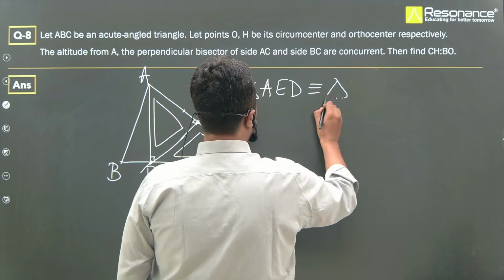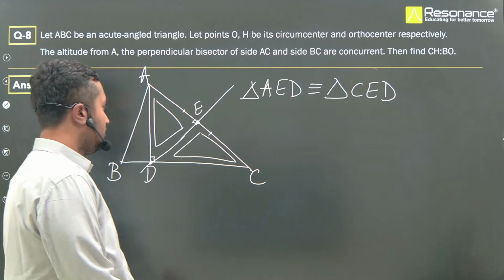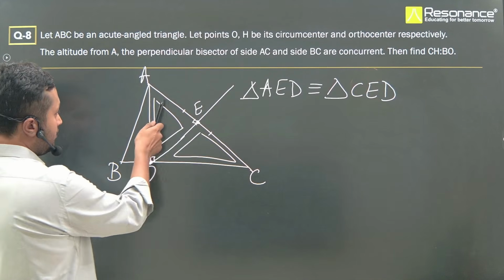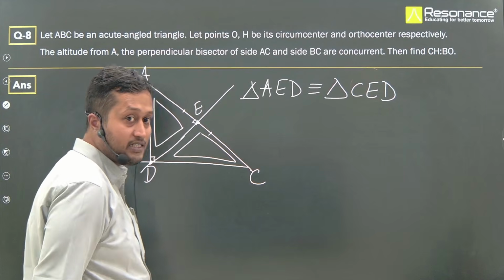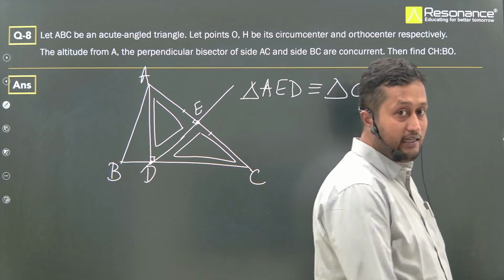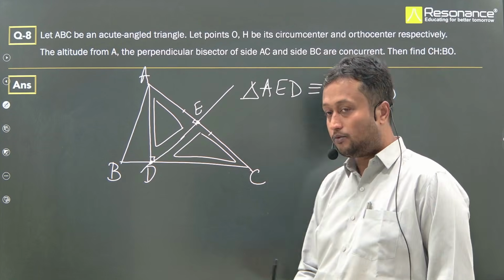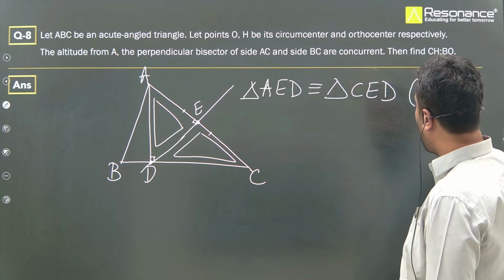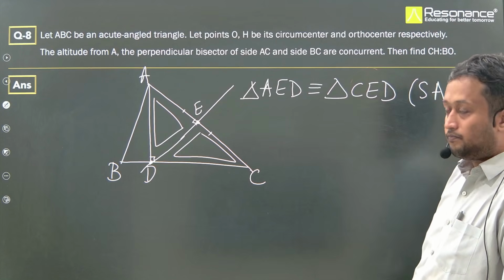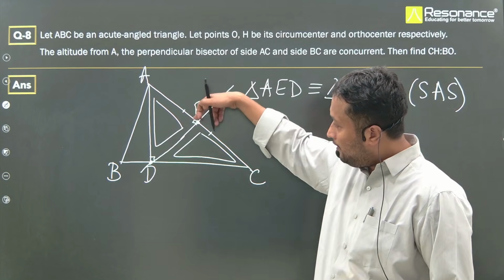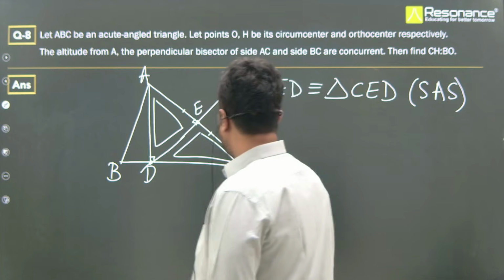I'm claiming that this triangle is congruent to CED. Why is that? Because these two sides are equal. Then ED is the common side, and angle E is 90 degrees. So SAS, side, angle, side, and the angle is the included angle. So that's good.